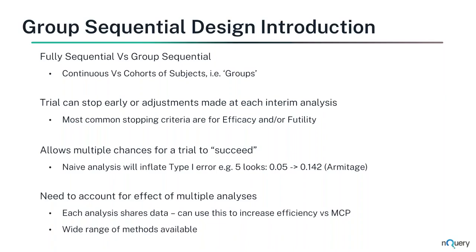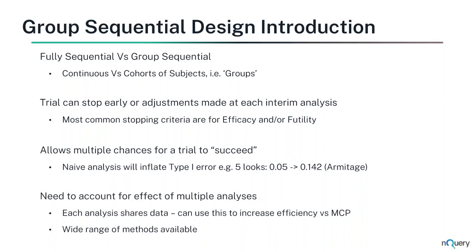So you can have fully sequential or group sequential designs. Fully sequential essentially just analyzes the data as it comes in continuously, so after each subject's data accrues. Whereas group sequential trials analyze different cohorts or groups of subjects at certain interim analyses. So that's where the term group sequential comes from.